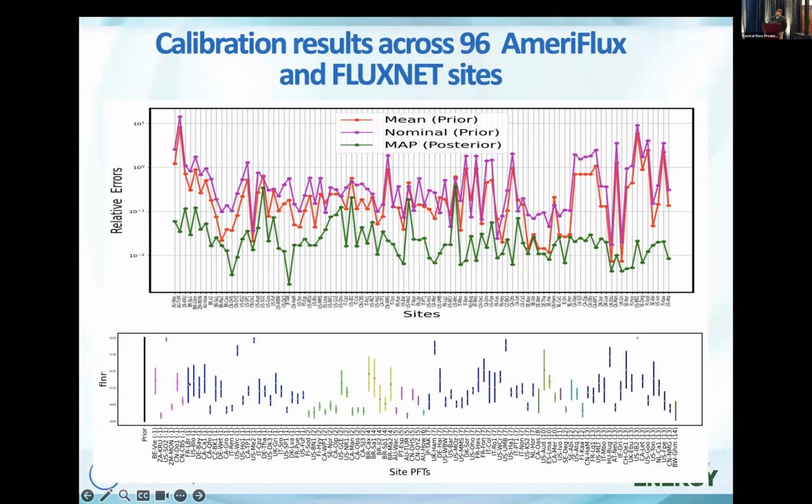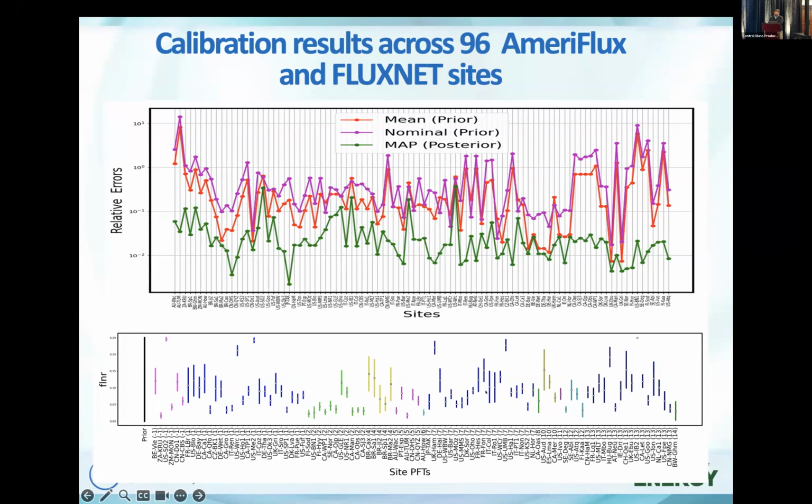You can't read the individual site names, but we've tried to group them here by the ELM plant functional types. The blue ones here represent evergreen forests, the green represents the tropical evergreen sites, and I think deciduous systems are over here.